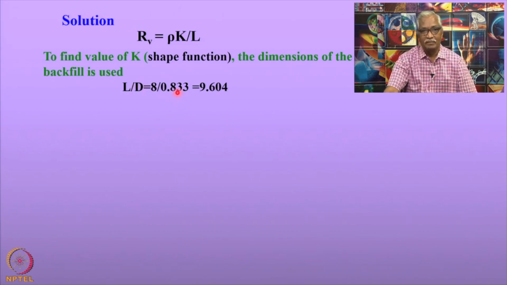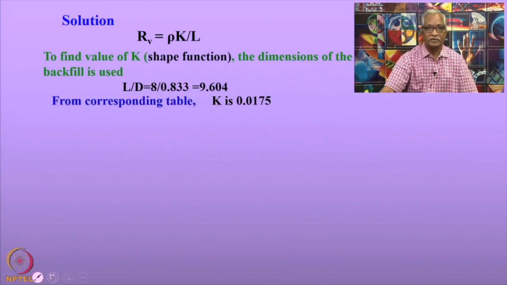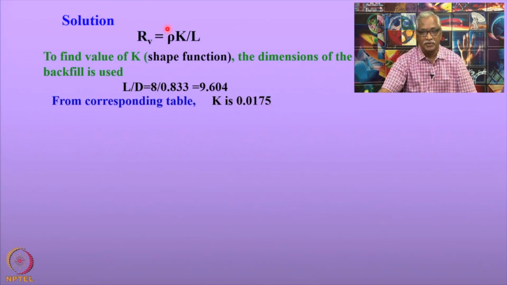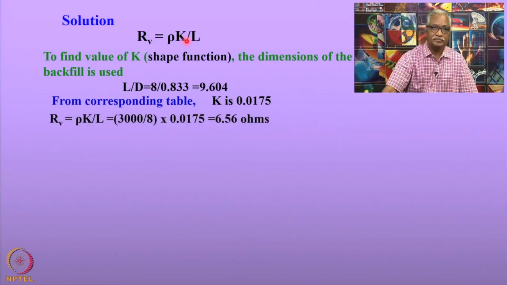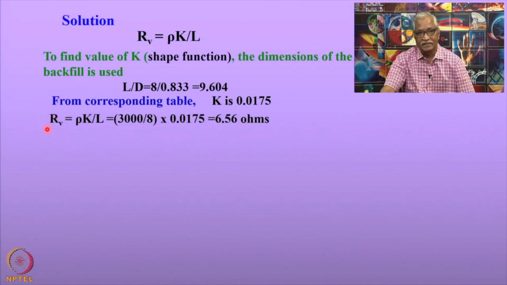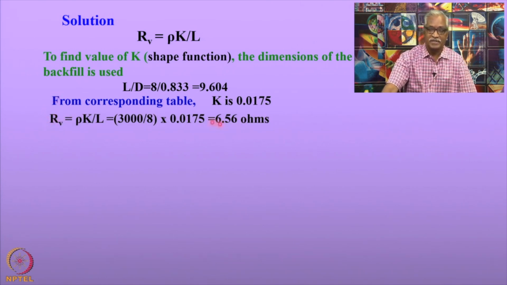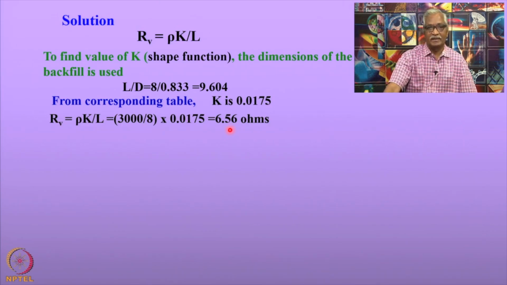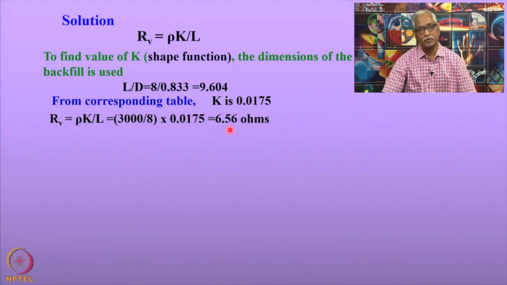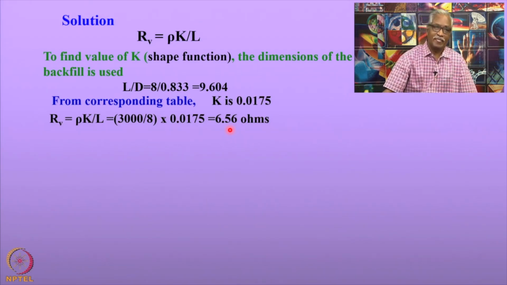It can be obtained using the standard tables. The K is related to L upon D, the ratio of the backfill, okay. And based on these values you can find out the corresponding K value from these tables, and you can substitute this K in this equation, and one would get the resultant resistance, which is 6.56 ohms offered by a single anode. Since we have a single row of multiple anodes, it is necessary to calculate the resistance offered by the ground bed.